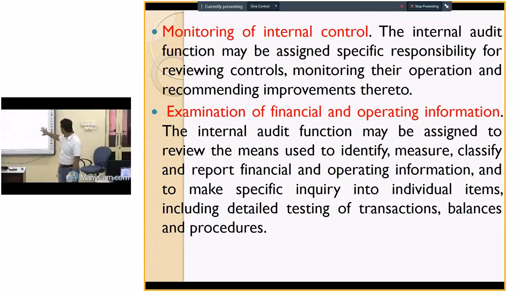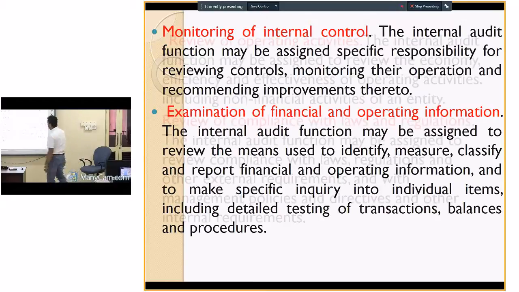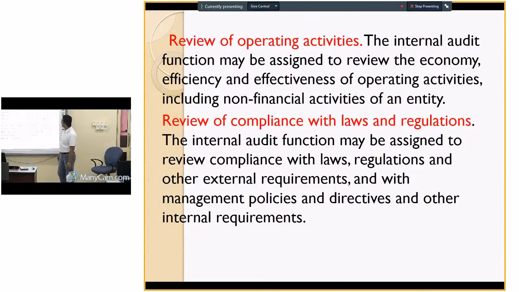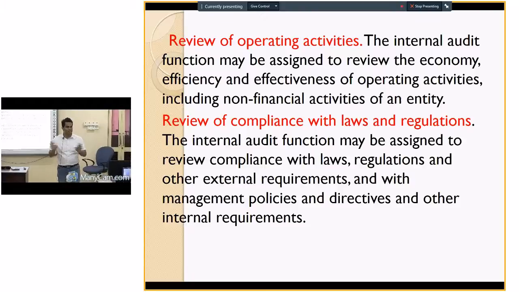They look into the examination of financial and operating information, review of operating activities, and review of compliance with laws and regulations. Those are part of their role. The role will be decided by those charged with governance or the management.